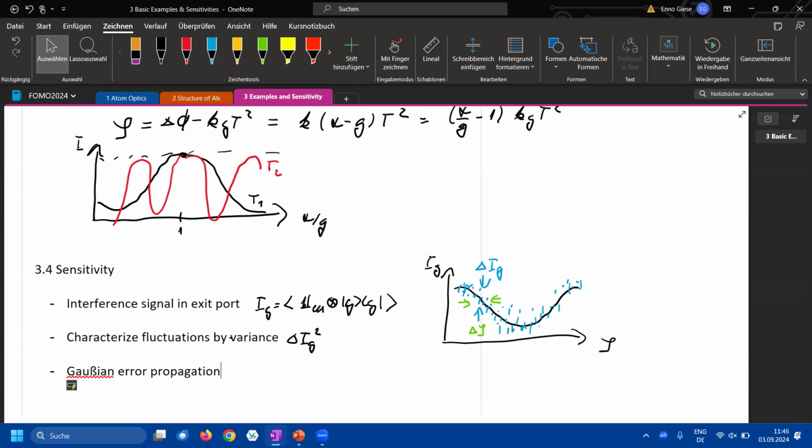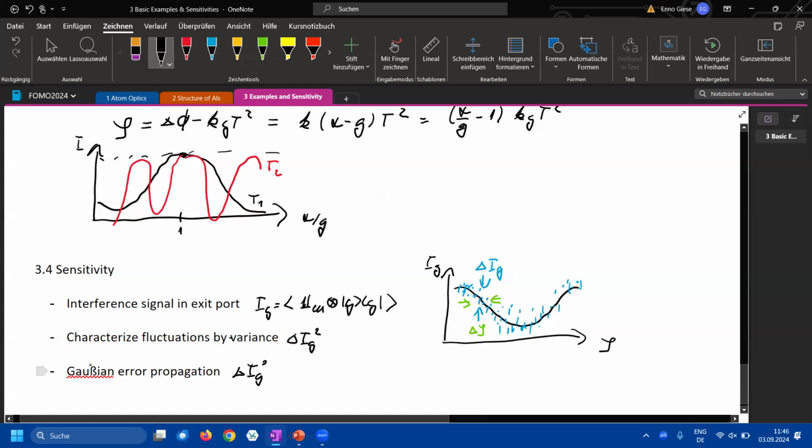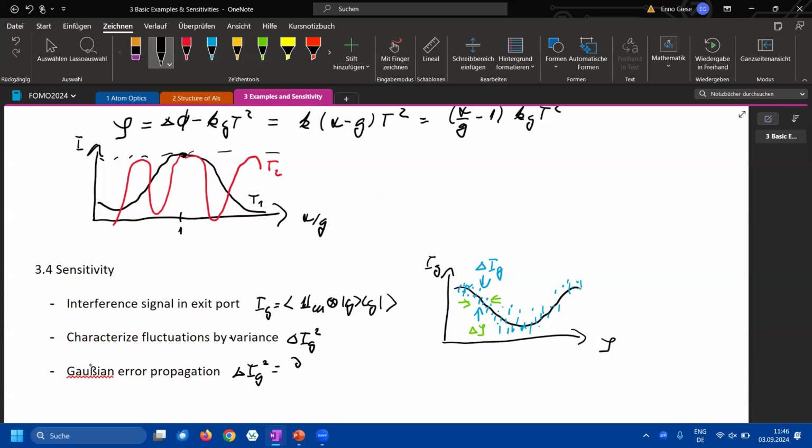And so how does that work? Well, we have delta Ig squared is equal to the derivative of our signal Ig with respect to phi squared, times delta phi squared. So effectively, if we have a fluctuating signal, it connects through a Gaussian error propagation to a phase uncertainty.